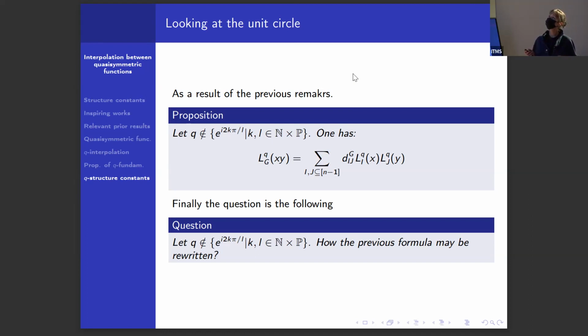This product formula reduces nicely to the product formula of the peak quasisymmetric functions, and certainly the structure constants that appear in that case are the structure constants of the peak algebra. So is it possible that there are some nice formulas in the case when q equals other roots of unity but 1? So, thanks for your attention.